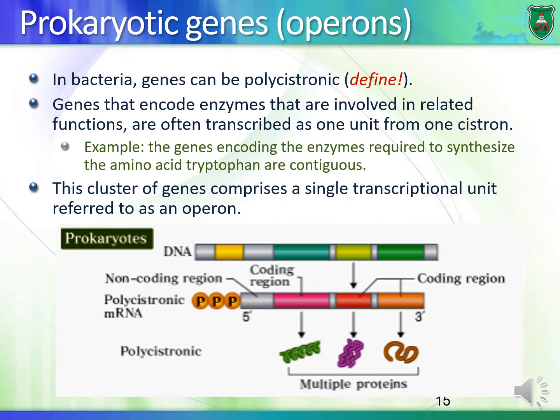So once a cell needs tryptophan, it produces all the enzymes necessary for the synthesis of tryptophan all at once from the same messenger RNA, from the same genetic unit, which is the trp operon. Okay?